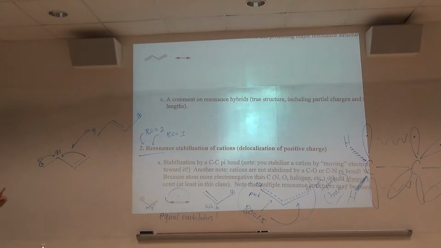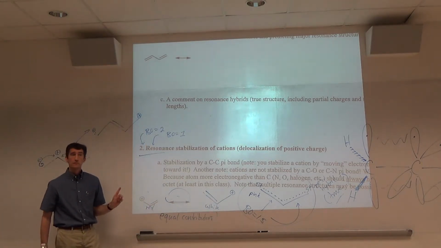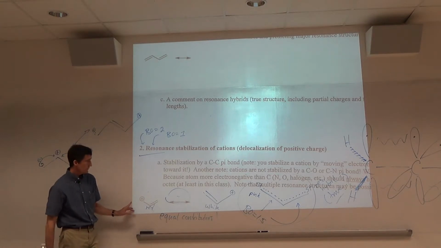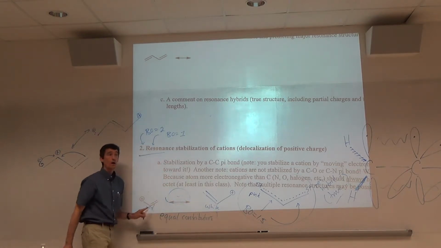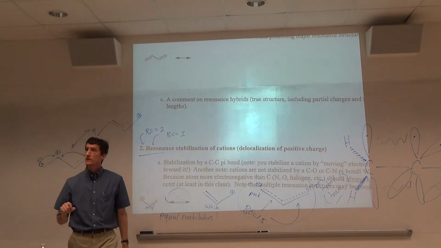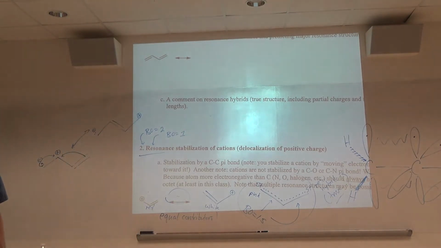Let's summarize this. Whenever we draw resonance structures, what changes? What's the difference? What has changed? Have any atoms moved? No. What moved? Only electrons. What type of electrons move? Sigma or pi? There you go.